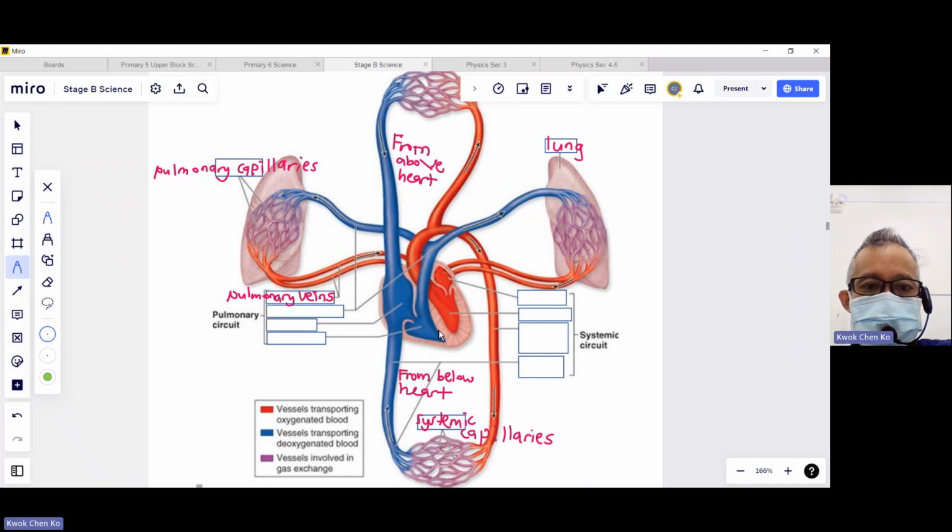Of course, they go back to this part here. And this is the entrance, right? So therefore, atrium. And remember, this is facing you, so that would be the right atrium.